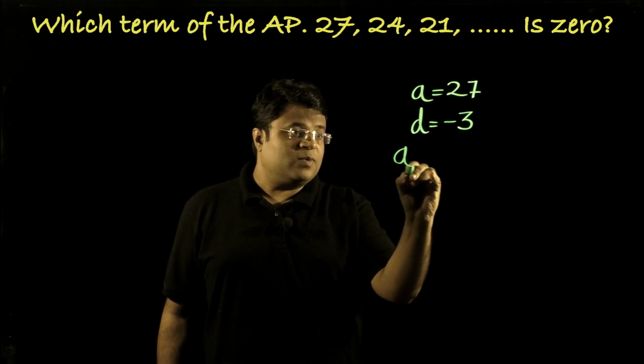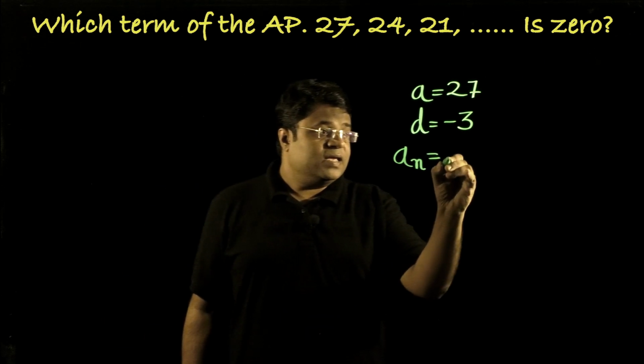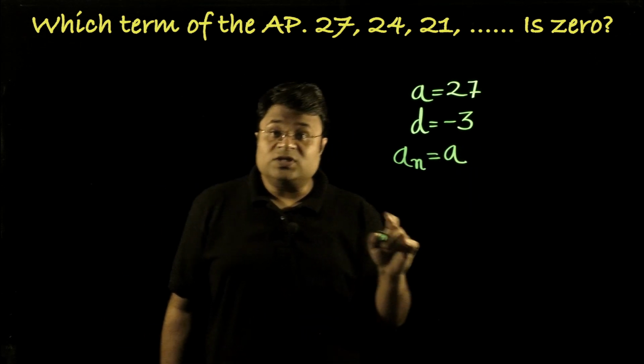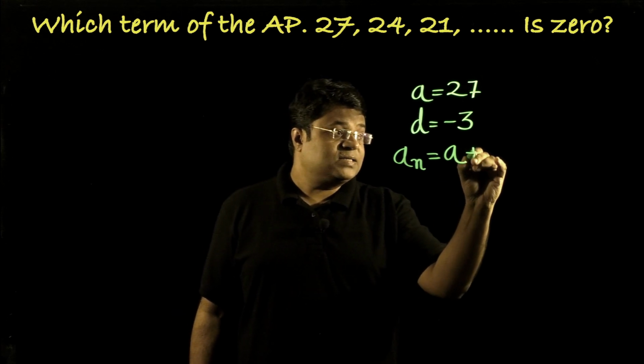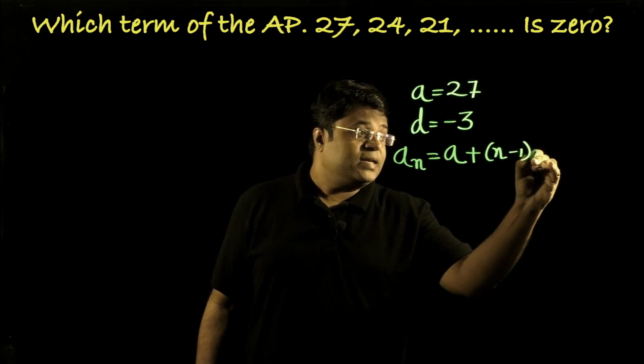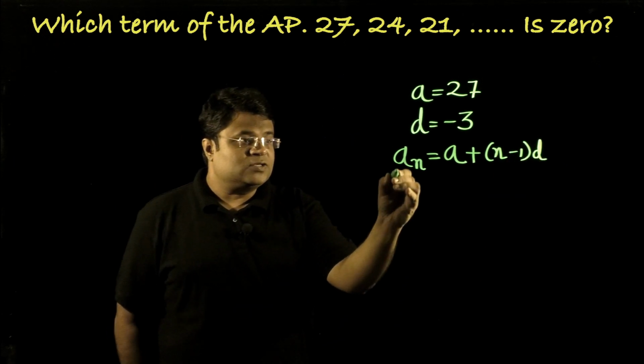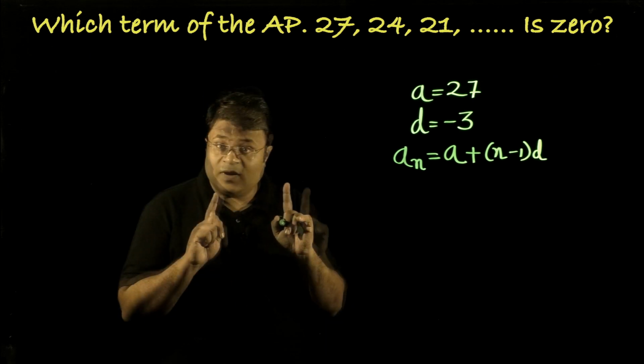There is a formula for the nth term of the AP, that is an equals a, which is the first term, plus (n minus 1) d. Let me quickly explain. an is the nth term.